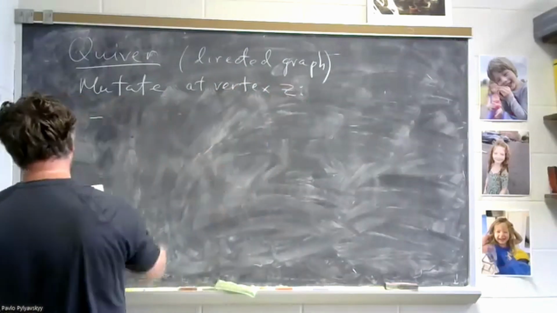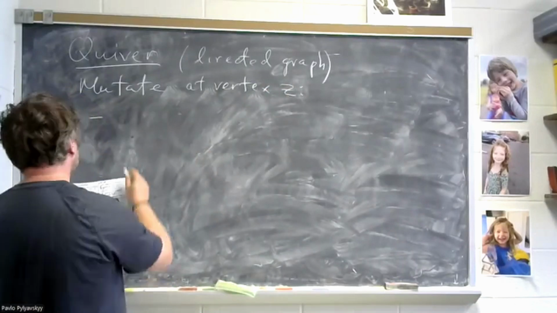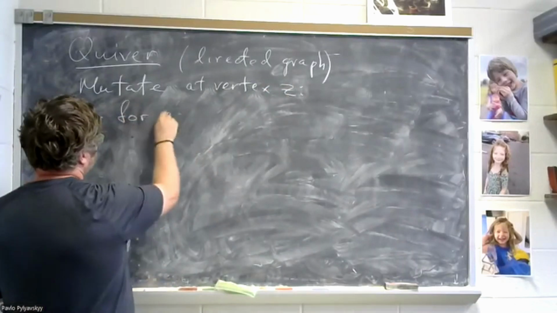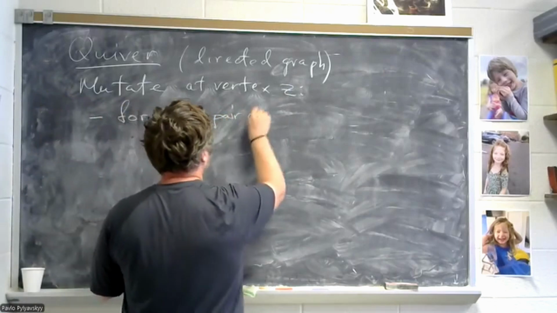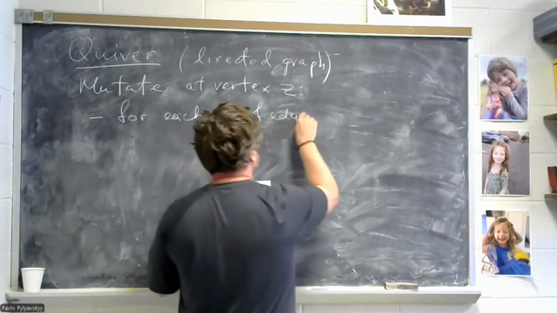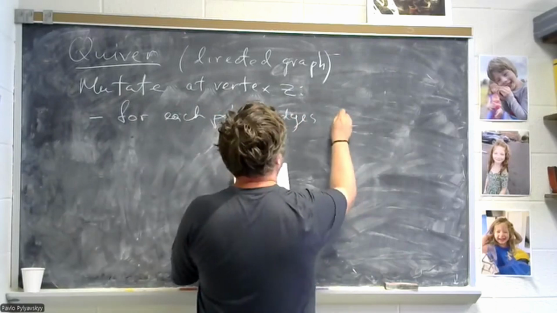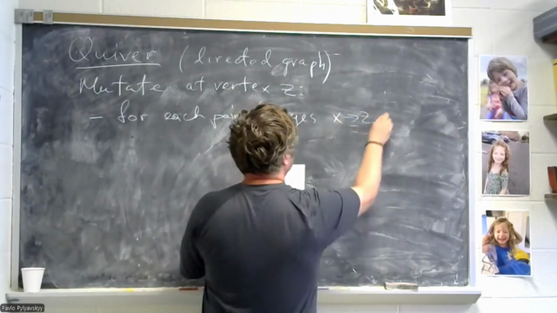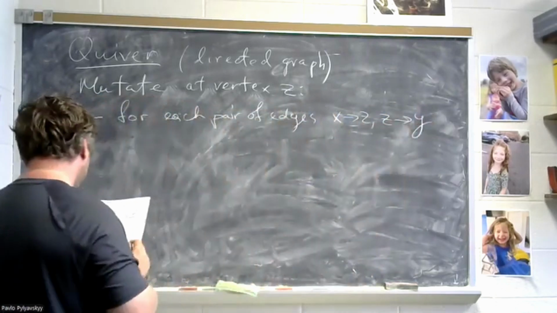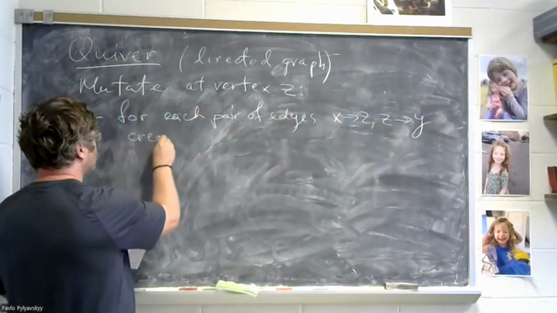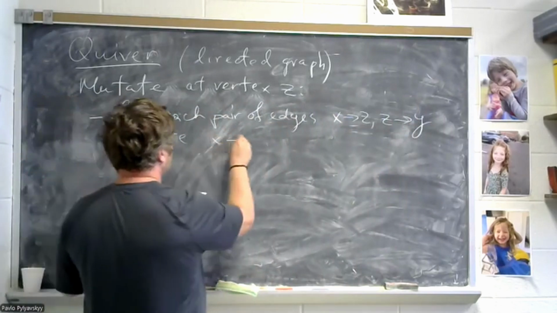We do the following. First, for each pair of edges, x going to z and z going to y, right? Those are directed edges. Create edge x going to y.